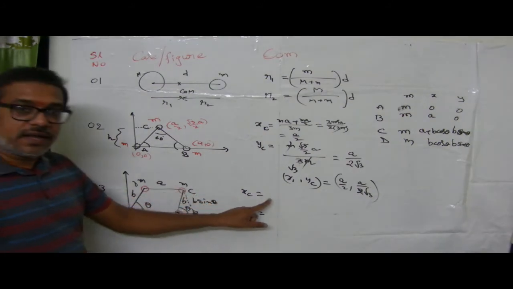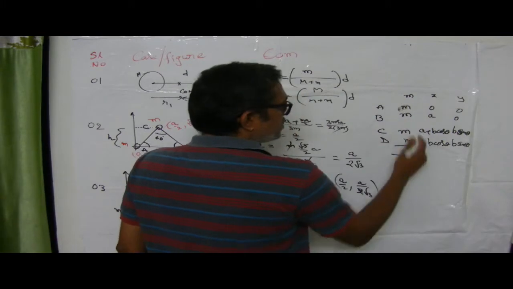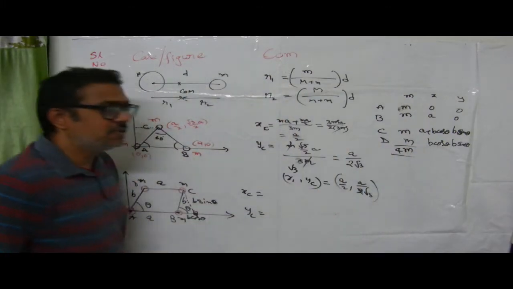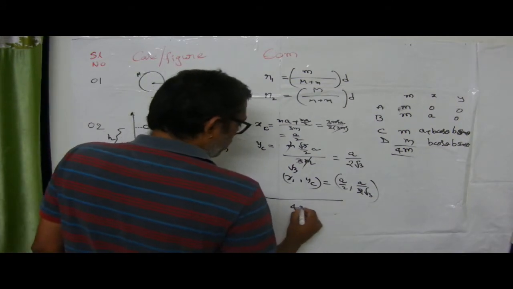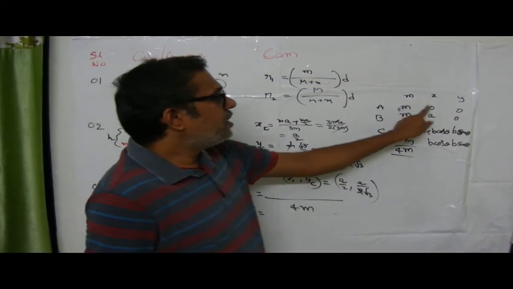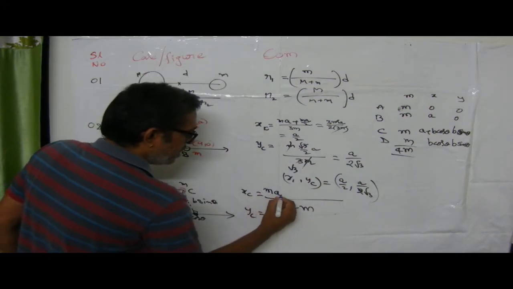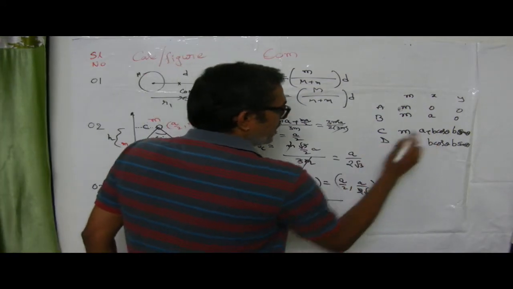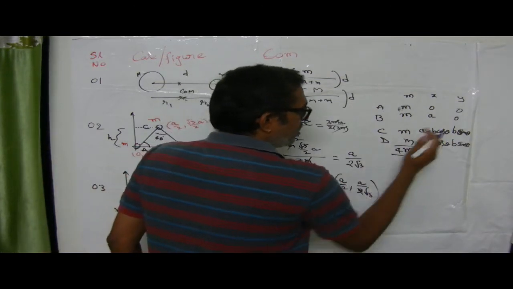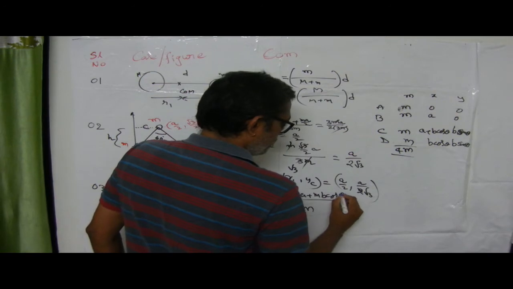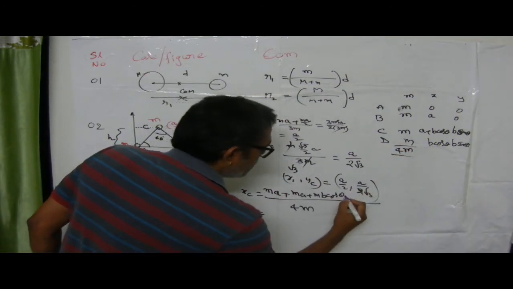Now apply our technique. What is the technique I gave just now? Add all the masses and take the total sum. What's the total sum here? 4m. So the total denominator will be equal to 4m. Then m1x1 is 0, m2x2 is ma, plus mb cos theta, and the last one is mb cos theta again.